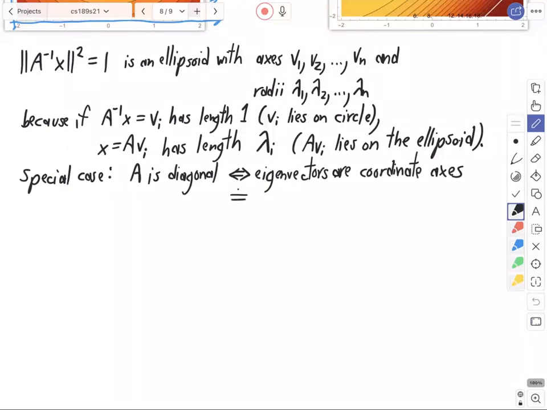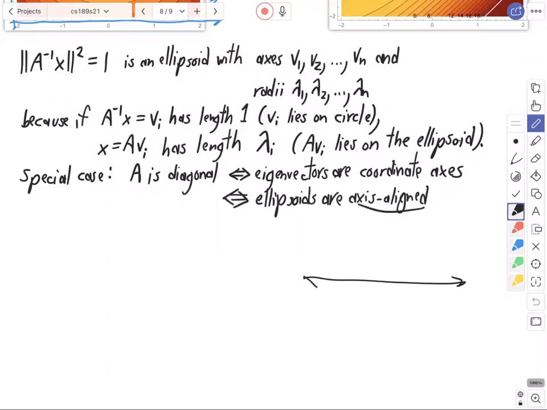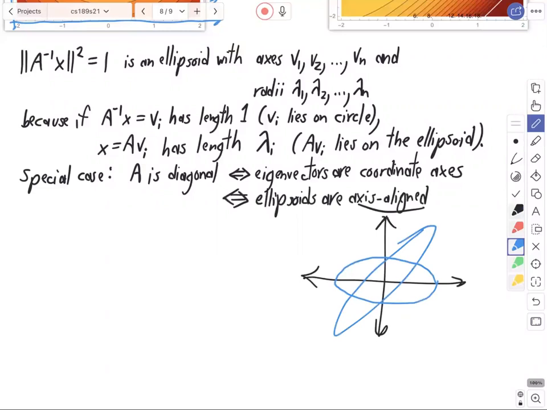And so we can say that the ellipsoids are axis aligned. And by that, I mean, when you have a diagonal matrix, you can get an ellipse like this. You cannot get an ellipse like this, because that's not axis aligned.